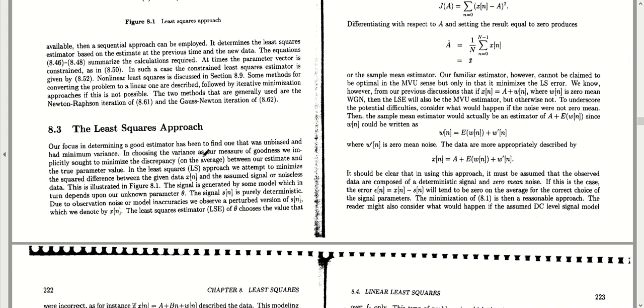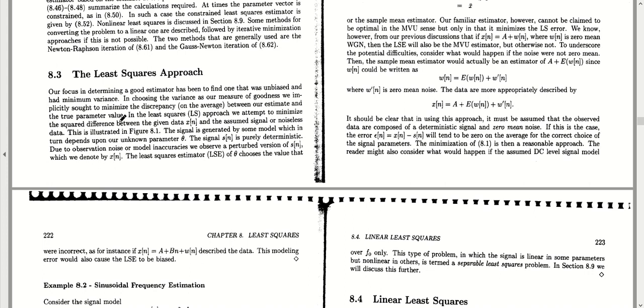By choosing the variance as our measure of goodness, we implicitly sought to minimize the discrepancy between our estimate and the true parameter value. So in the least square approach, we attempt to minimize the square difference between the given data and the assumed signal or noiseless data.